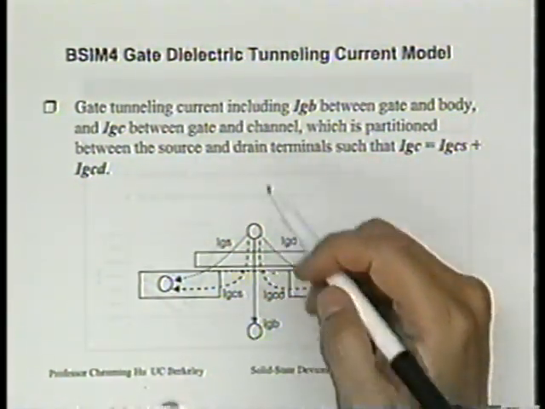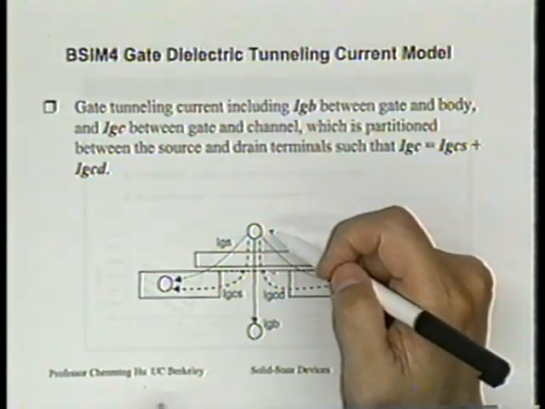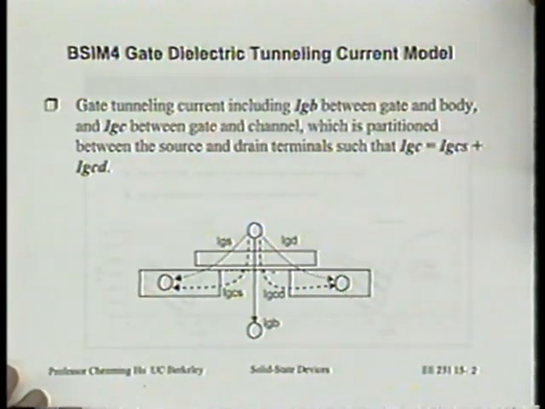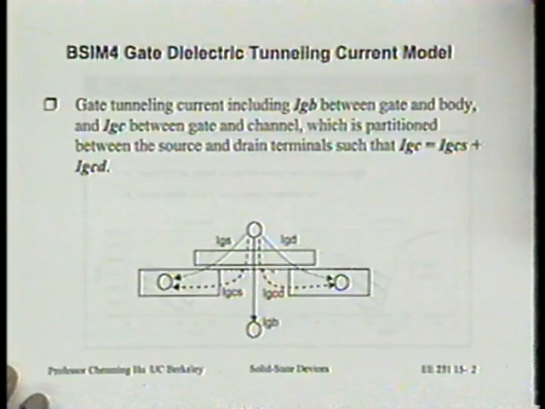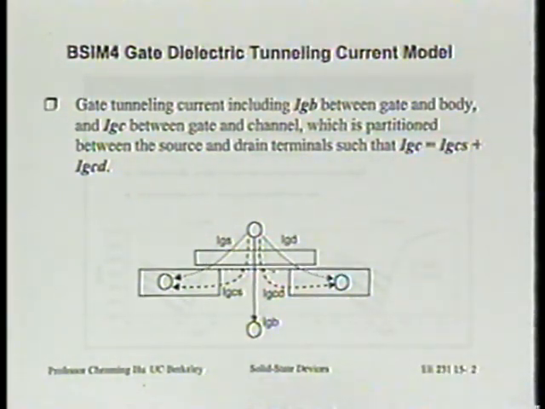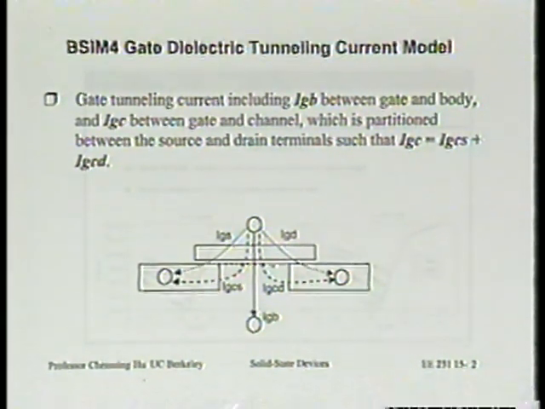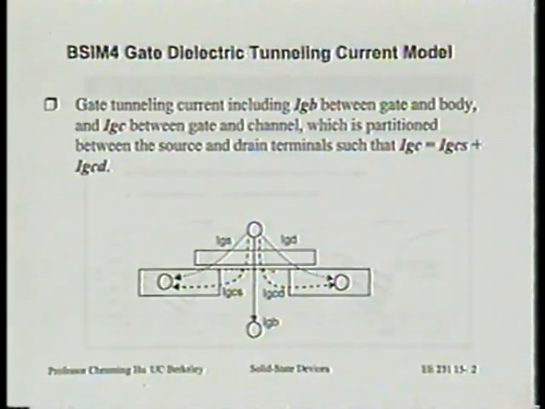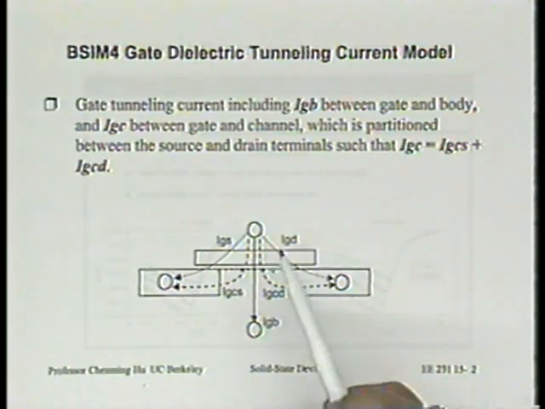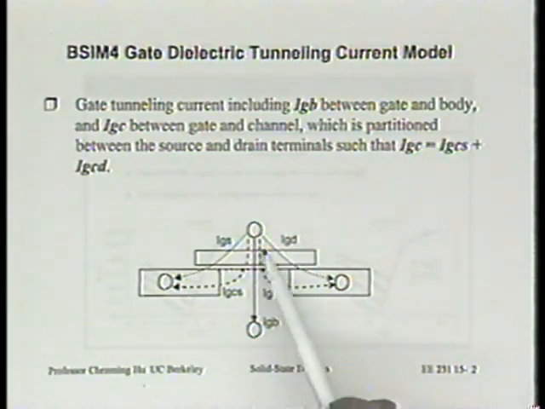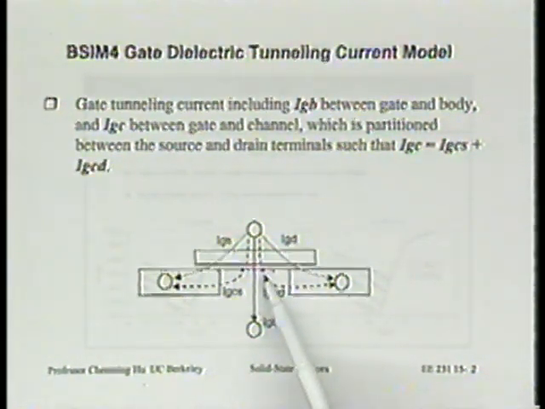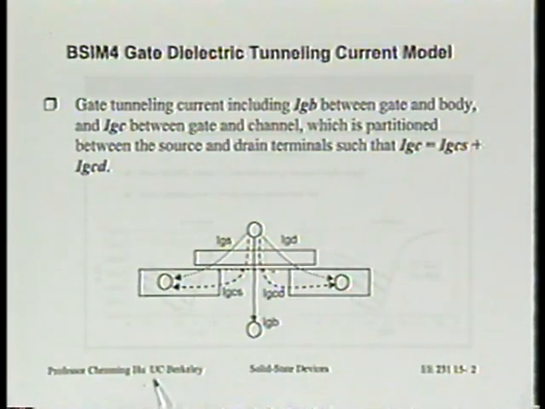In other words, let's put it this way then. When we have a gate current flowing into the channel, is that going to influence the source drain current?